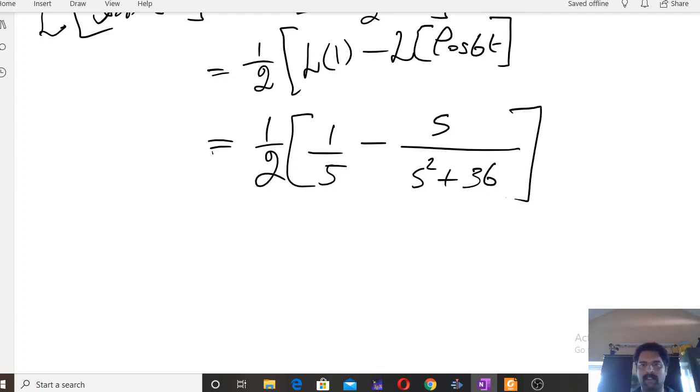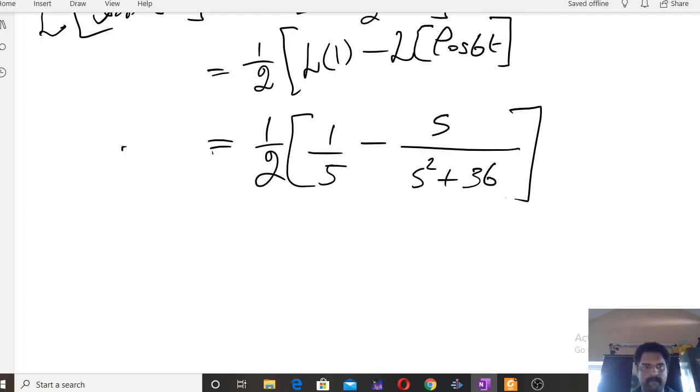So this is our required Laplace transform of sin square 3t. This is how we usually calculate the Laplace transform of trigonometric functions of the form sin square a or cos square a.